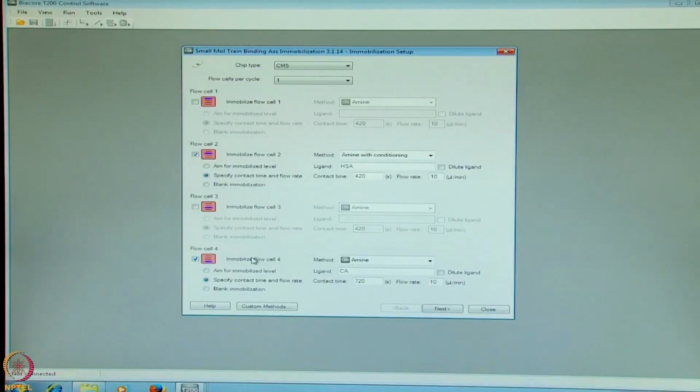On flow channel 4, by amine coupling, we will immobilize carbonic anhydrase again with a specified contact time and flow rate mode of 720 seconds and 10 microliter per minute flow rate. We now go into the next tab.